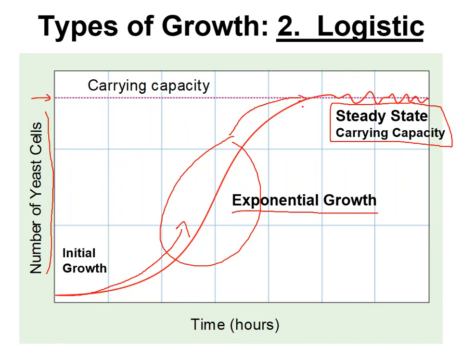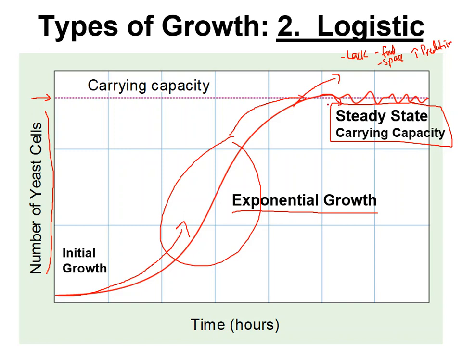So if you overshoot it, if the population is above the carrying capacity, you're going to have things like lack of food, lack of space, increased competition. There's a lot of you guys here at this point, whether you're insects or bacteria or whatnot, so there's probably an increase in predation, right? And all of that is going to drive the population back down.